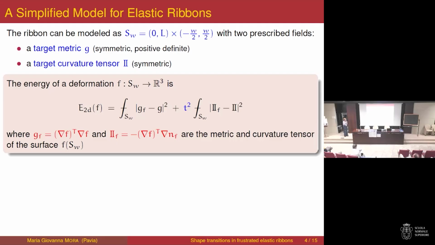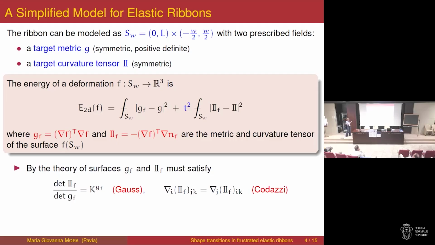And now what happens when we try to minimize this energy? Well, it's clear that if we can find a deformation achieving both the target metric and the target curvature, then on this deformation the energy is 0. And so this is a minimizer, and we cannot do better than that. However, this is not always possible because, and this is where Gauss comes into play, the first and second fundamental forms of a surface in R3 are not independent, so they must satisfy some compatibility conditions.